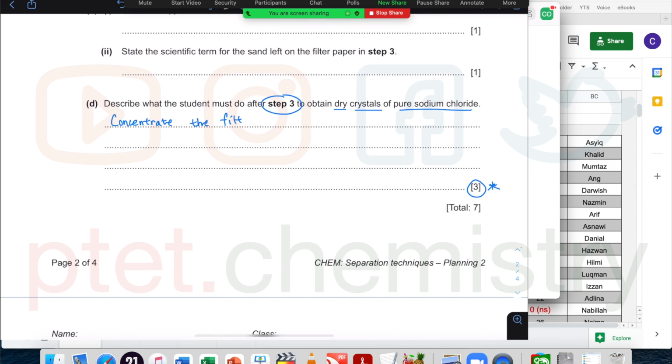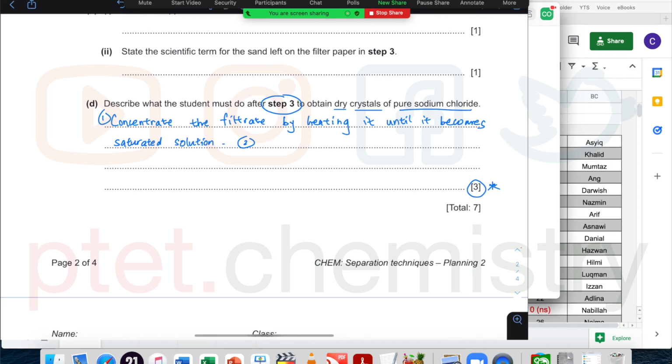How do you make something concentrated? By heating the filtrate until it becomes a saturated solution. I repeat again, saturated means it's a solution that still has the maximum amount of solute dissolved in that solvent at a particular temperature. Your second mark will be to allow it to cool.